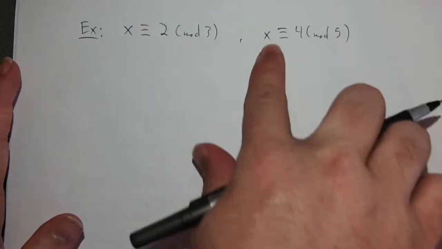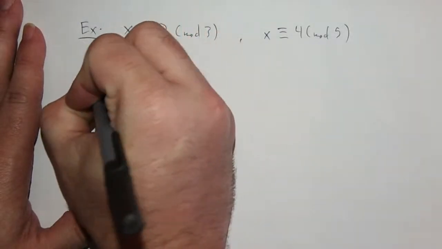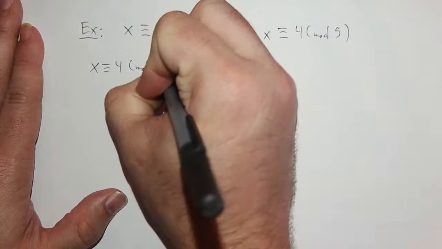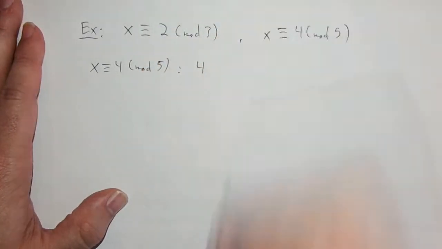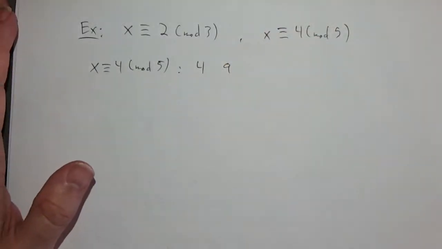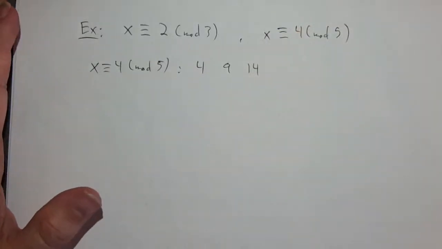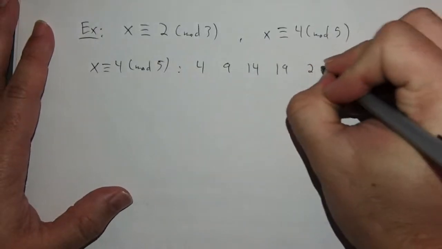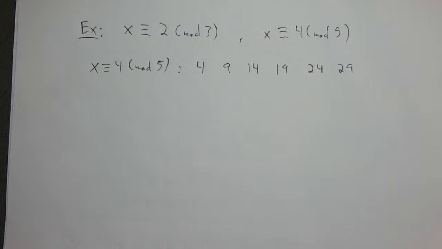So as I said, start with the congruence with largest modulus and start listing out the integers that are congruent to 4 mod 5. So integers that are congruent to 4 mod 5, well, 4, obviously. Next in the list is 9. And next is 14. I just keep adding copies of 5 here. 19, 24, 29, and so on.